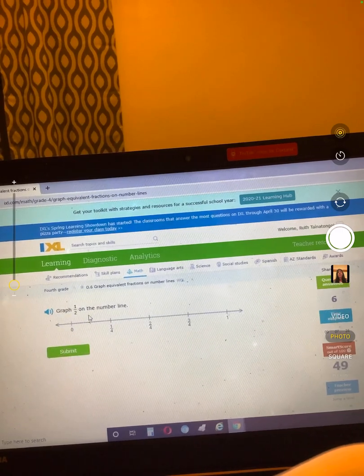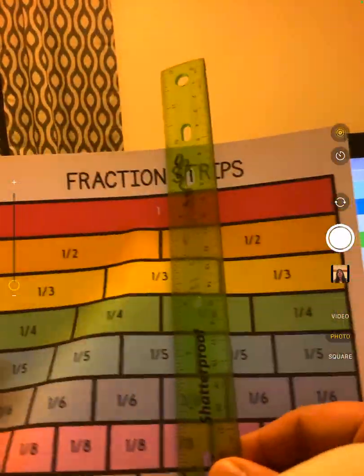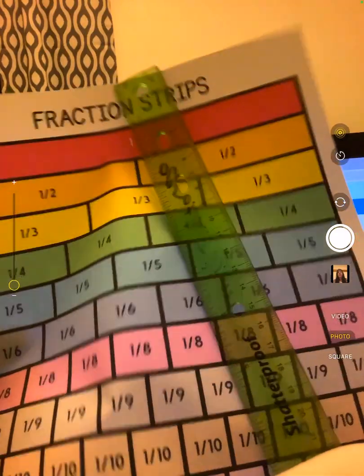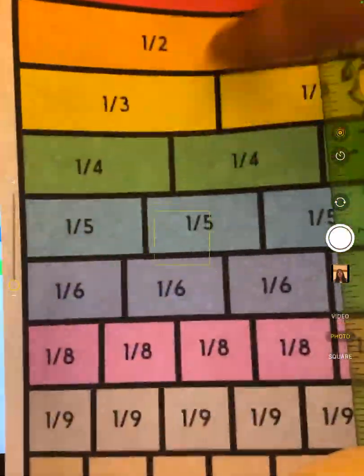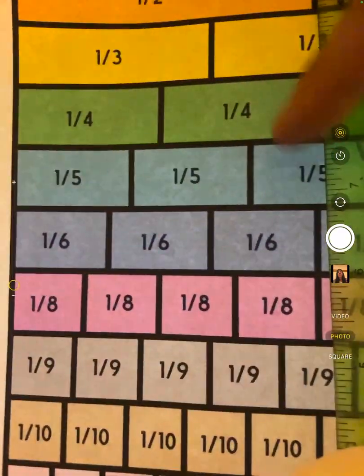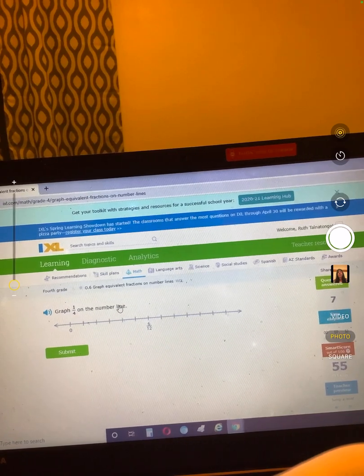Okay? 1/2 on the bar graph, from halves to fourths. Here's my half, and 2/4 take up the same amount of space. So we mark 2/4. Mark 1/4 on the number line. Now this is 6/12, so we're dealing with 12ths.